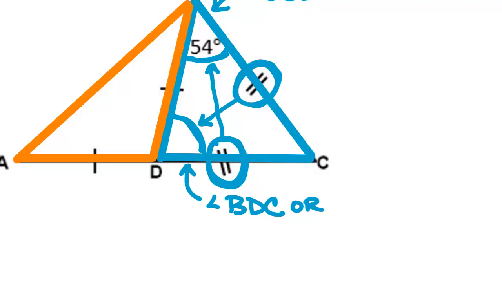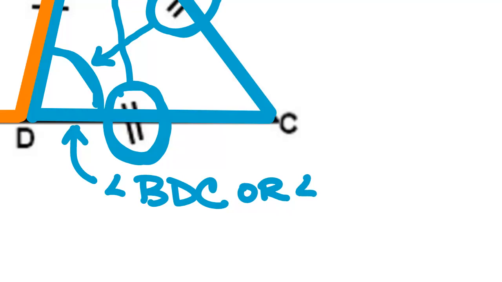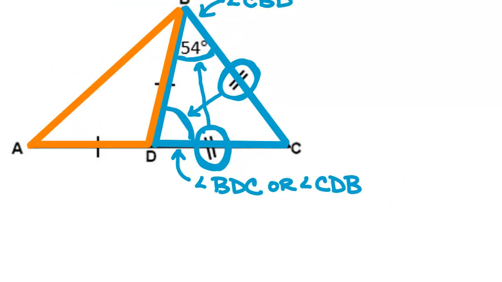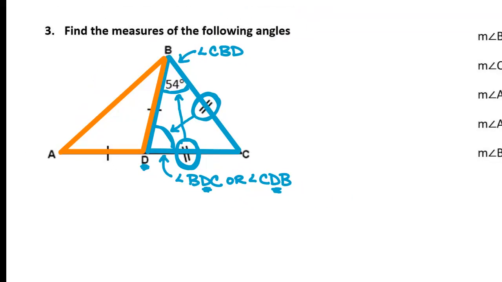Or, because I'm coming over here, I'm looking for BDC. I don't see that over here. Is there another way to name that angle? Backwards, angle CDB. You want to make sure that the vertex is the center letter. Vertex should be that center letter.